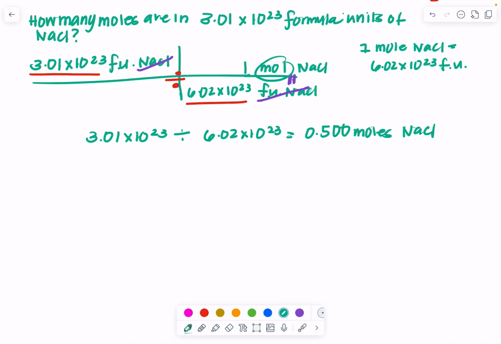Now, we can also do this with mass and molar mass. So remember, molar mass is equal to 1 mole of that specific substance. Okay? And we've been calculating molar mass, we should know how to do this.